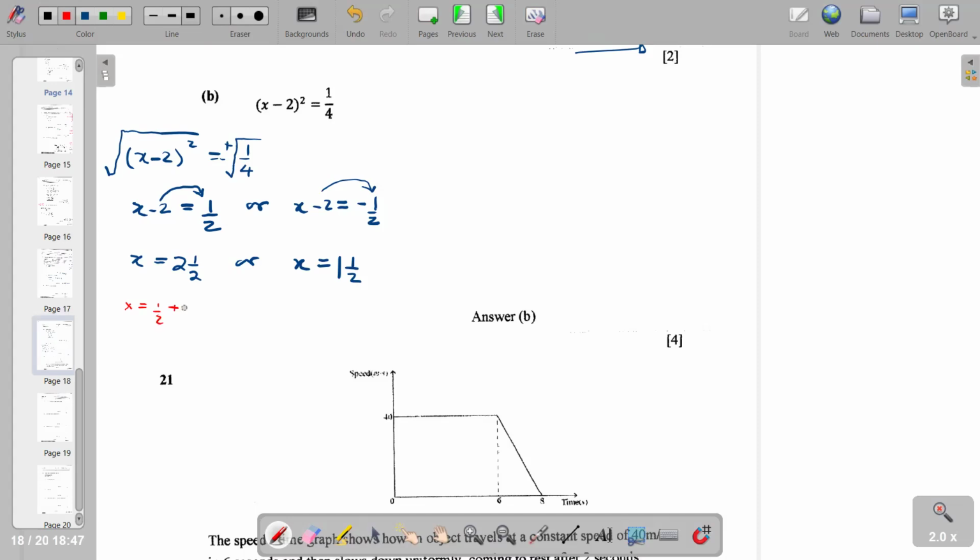When the 2 goes there, plus 2 over 1. Then this times this is 1 plus this times this is 4, over this times this, which is 2. So eventually the answer there is 5 over 2, which reduces to 2.5.